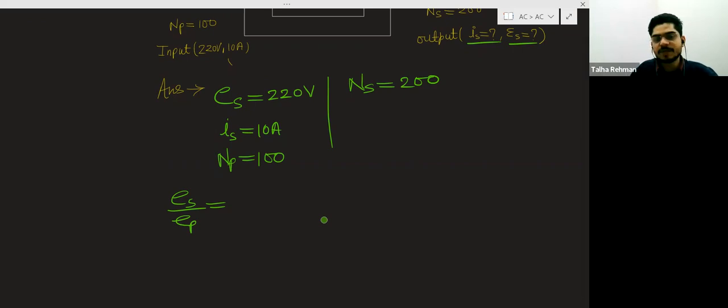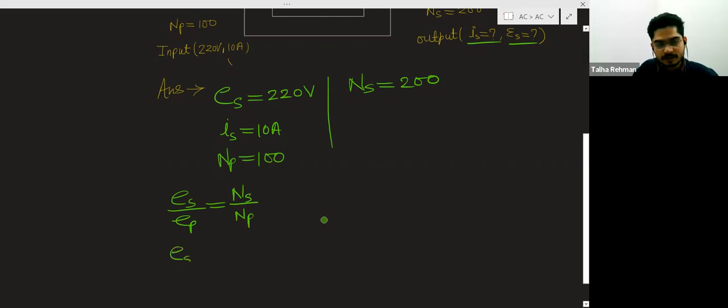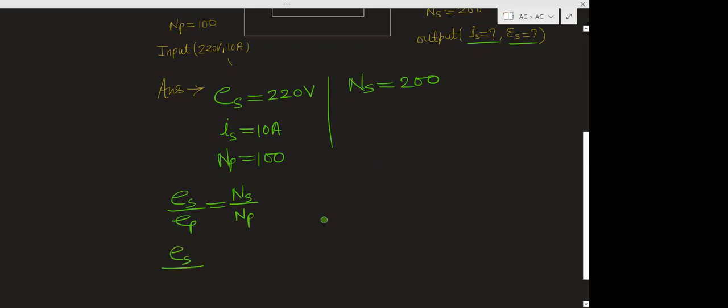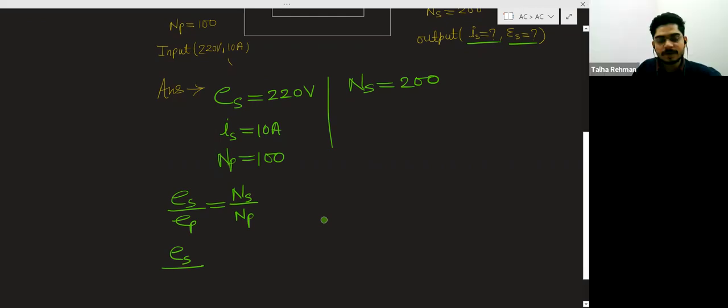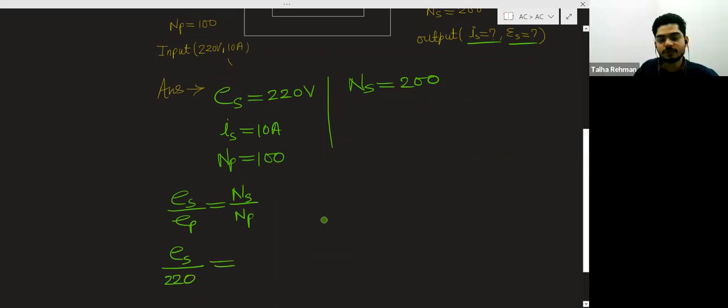So ES by EP is equal to NS by NP. I can write. So now put the values. What is ES? We have to find. What is EP? EP is 220 volt.